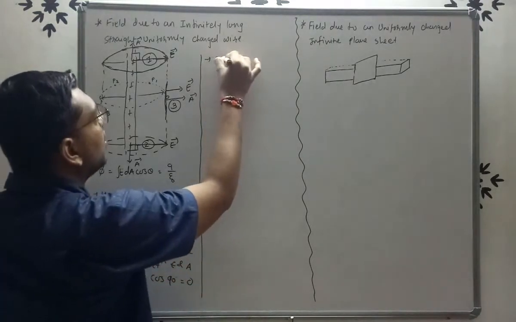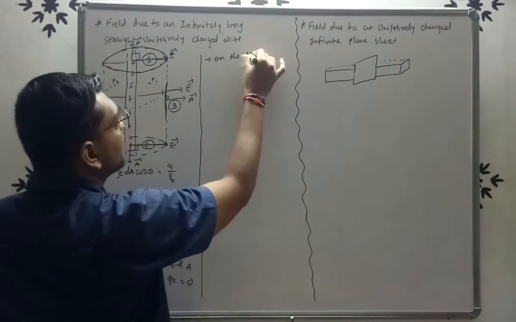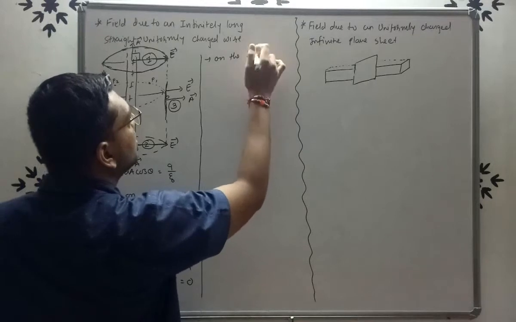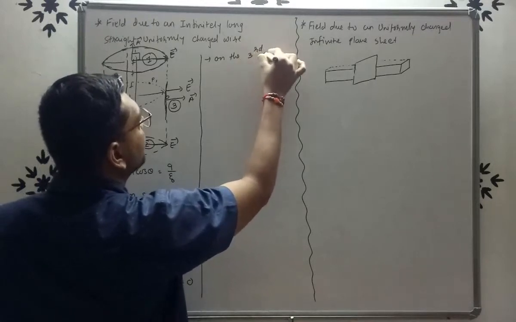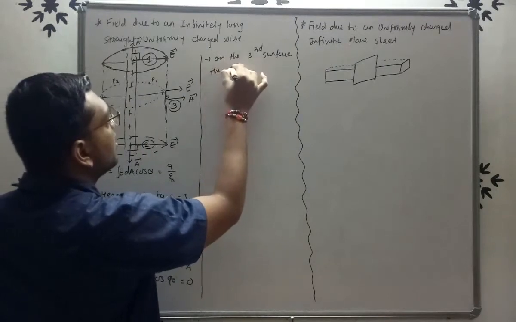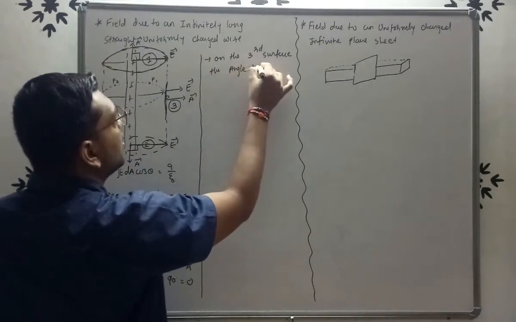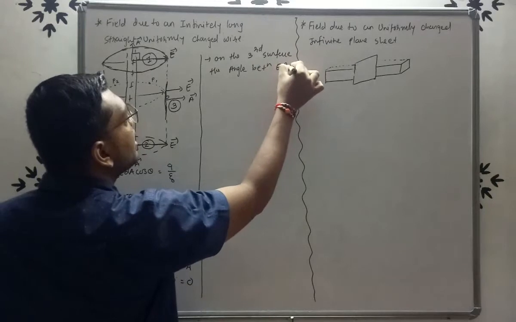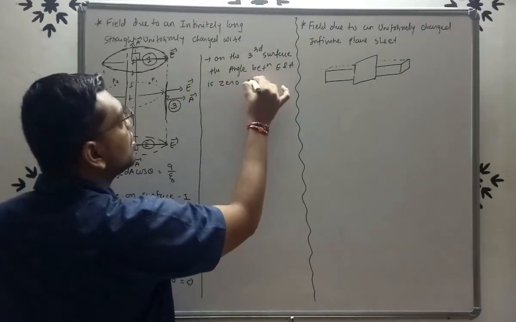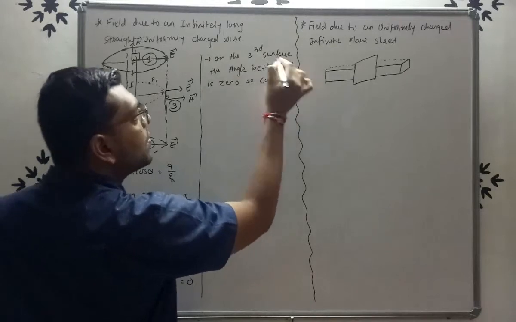So on the third surface the angle between E and A is 0, so cos 0 is equal to 1.